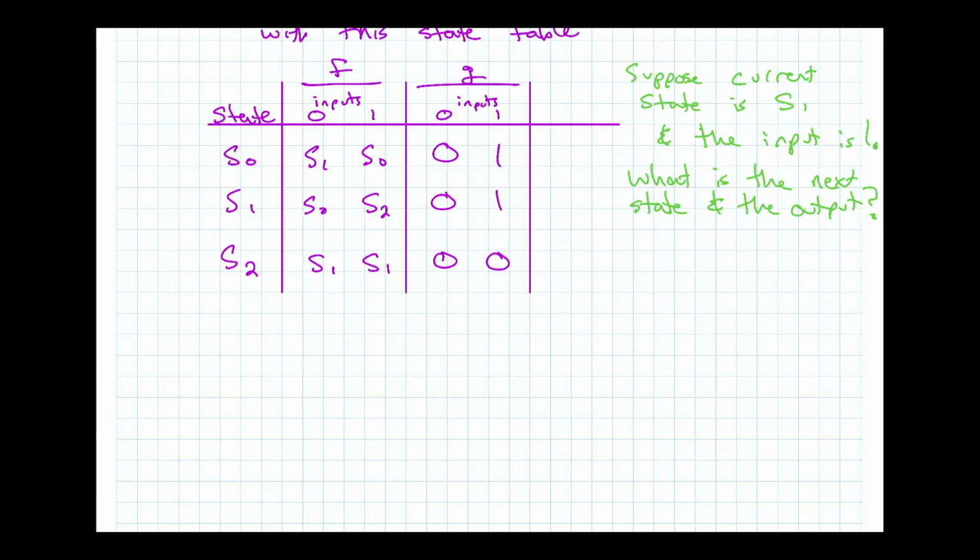So what you would do to answer this question is, the current state is S1, right? So right here. And then the current input is 1. So that's here and also here, right? Inputs, inputs. These are outputs, but these are inputs. When you're looking for what's going on here, if you're in the row for S1, that's your current state.